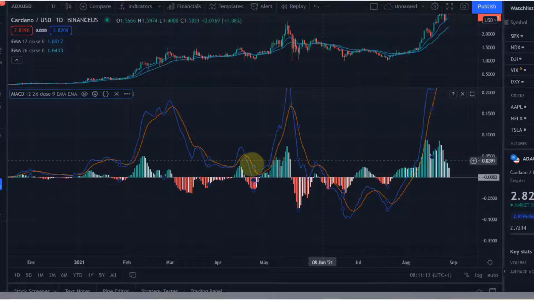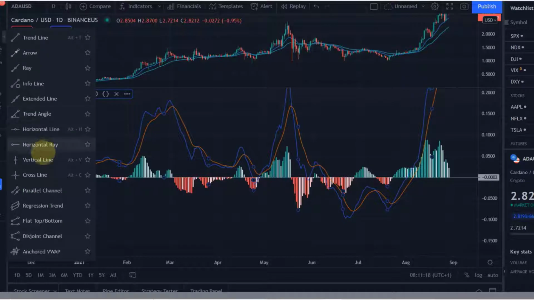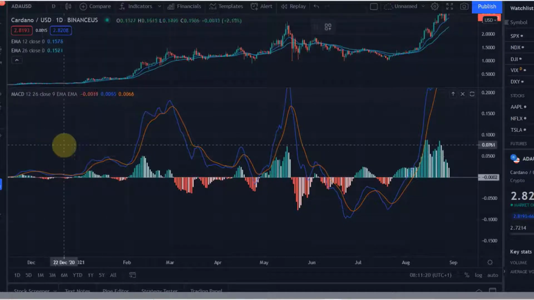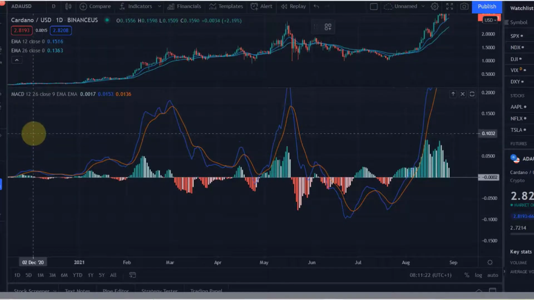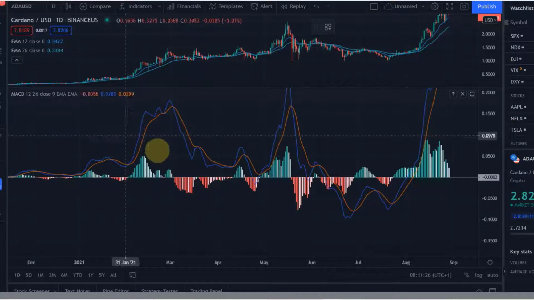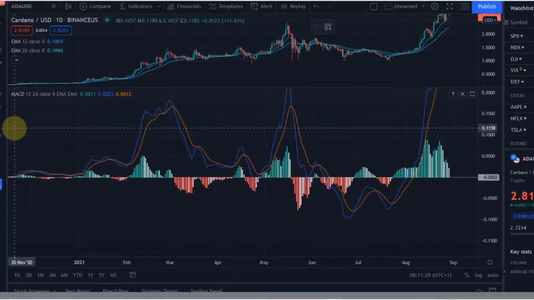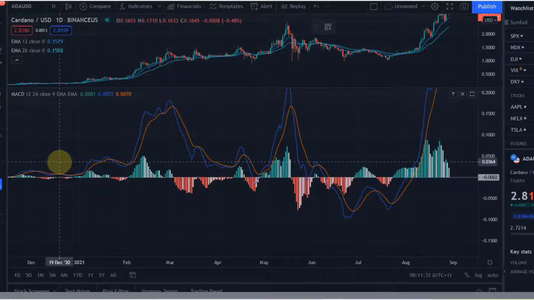Just to show you that more clearly, I will bring in vertical lines here, and then we can understand how to use the MACD indicator to enter and exit trades. I'll put a vertical line wherever we see that crossover of the zero line by the MACD line, and then we can take a closer look.